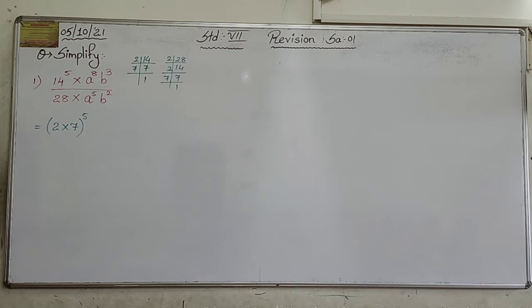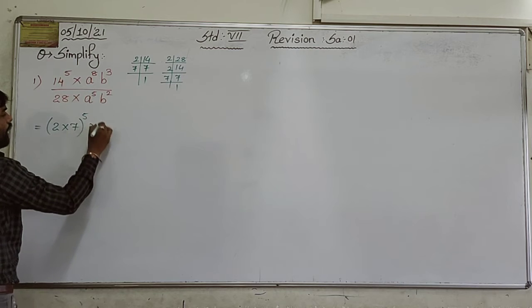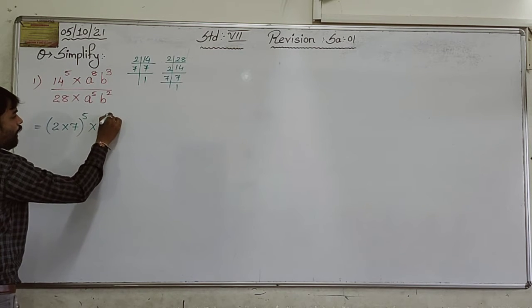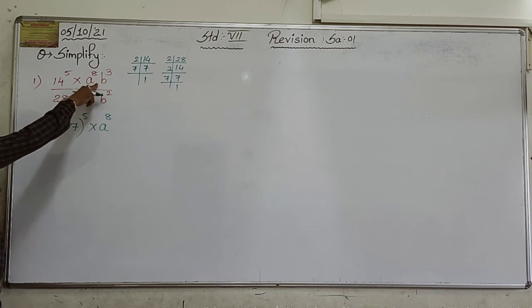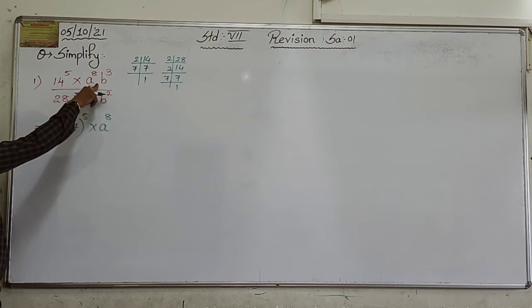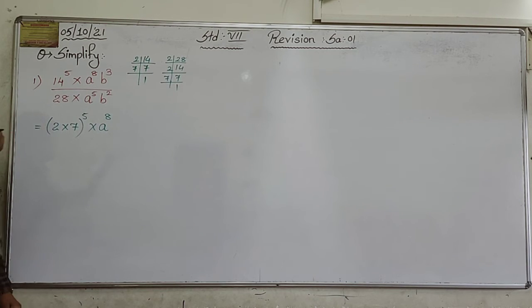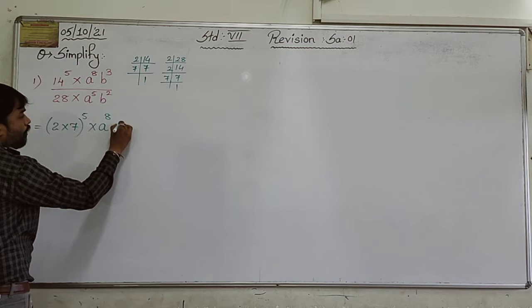Raised to 5 multiplied by a raised to 8. See here, there is no sign between a and b. Right? And a and b are taken together, so it is one form of multiplication. Which form is it? Multiplication. So I can separate it out.